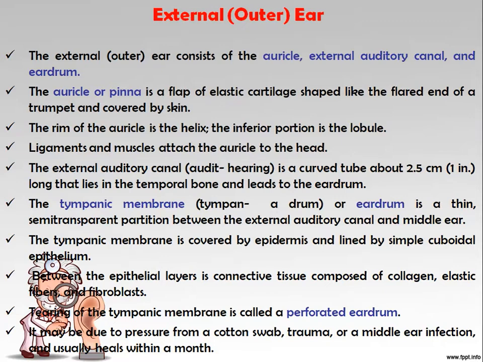Between the epithelial layers is connective tissue composed of collagen, elastic fibers and fibroblasts. Tearing of the tympanic membrane is called a perforated eardrum. It may be due to pressure from a cotton swab, trauma or a middle ear infection and usually heals within a month.